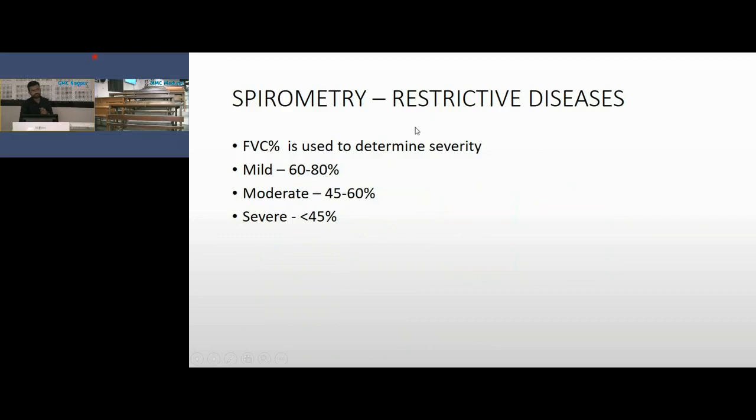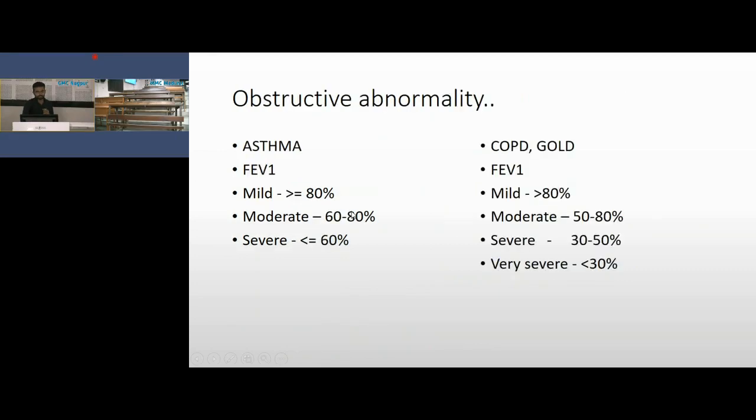Now, for restrictive disease, severity is classified based on FVC value. If predicted FVC is between 60 to 80%, it is mild, 45 to 60% moderate, and in severe cases it is less than 45%. For obstructive abnormality, severity is based on FEV1 value.